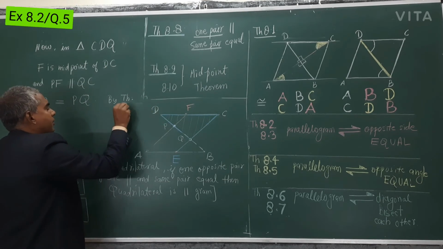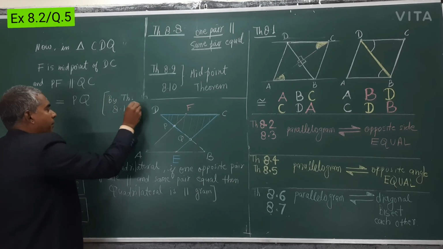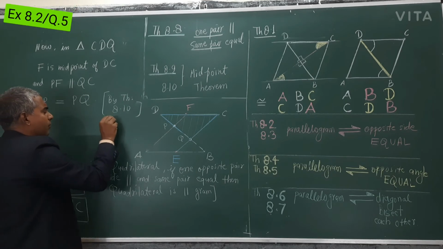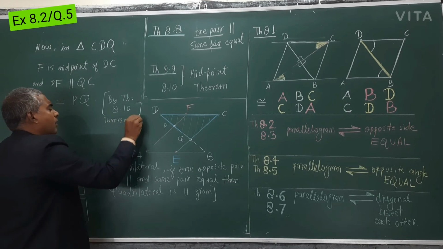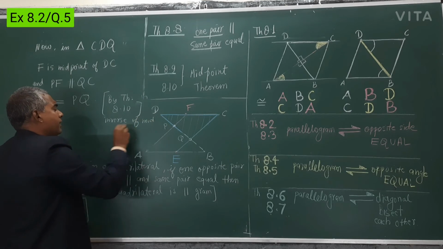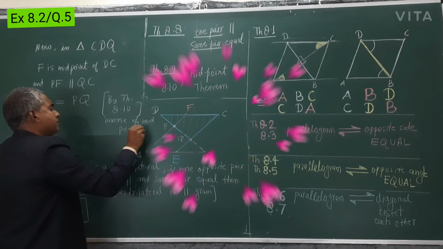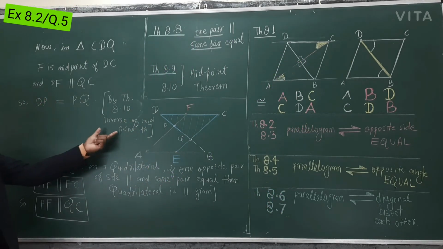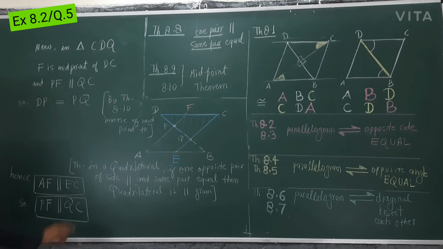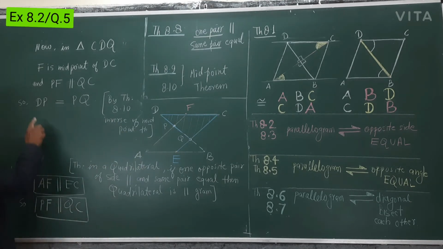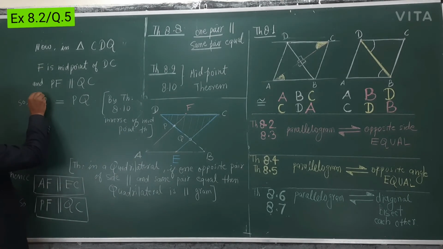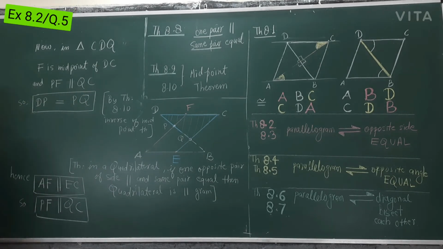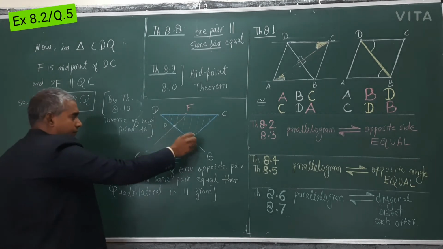It's not good practice to write just 8.10. You should write the inverse theorem of the midpoint theorem. Because I don't have space, all the theorems are written here. So DP is equal to PQ is very important. This I have made now.